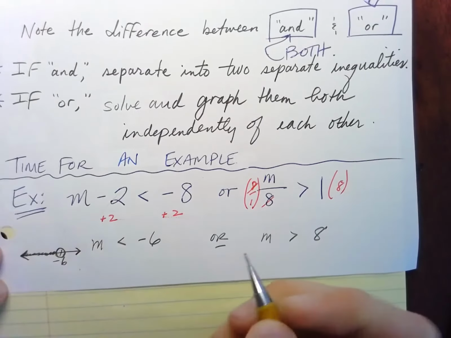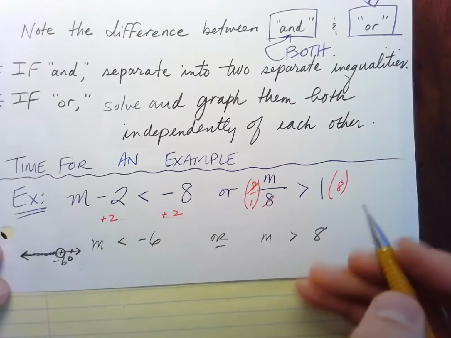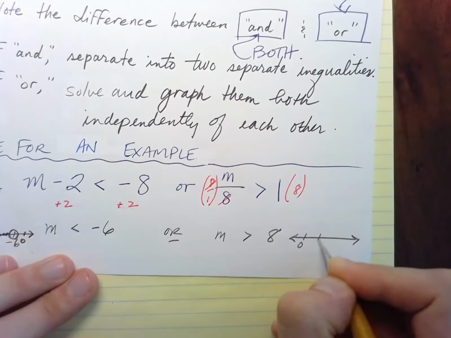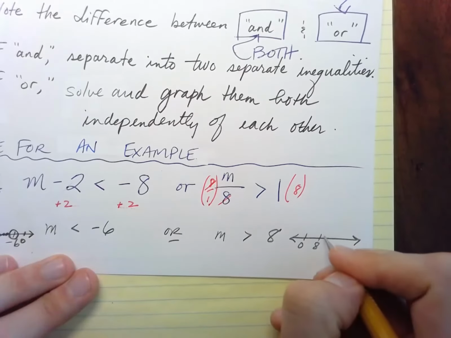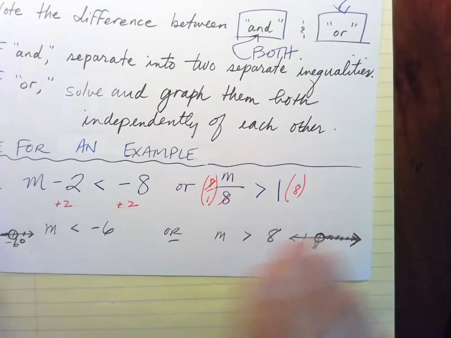Because it's less than negative 6. And then here's 0 right there. And here, graphing this, here's 0, here's 8, and it's an open circle, but I'm going up because it's greater than 8.